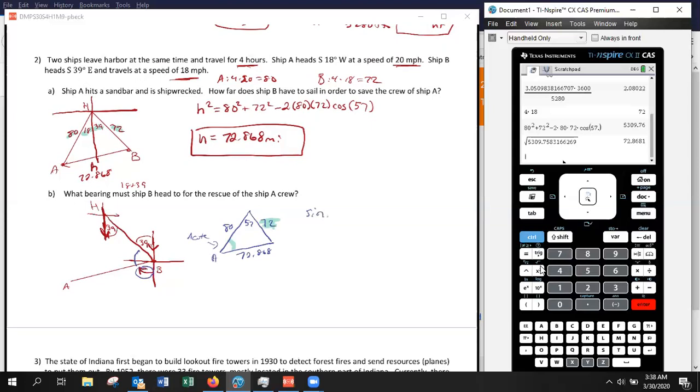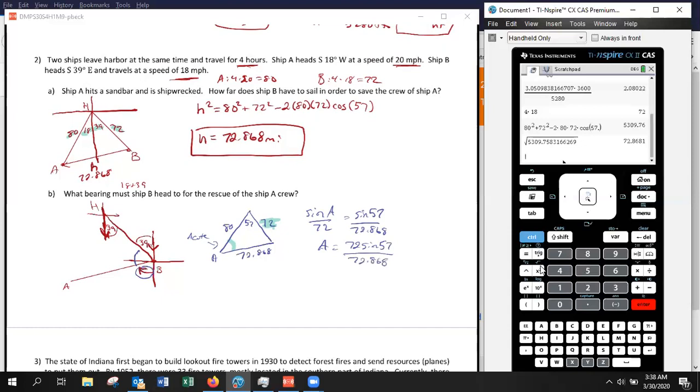So when I use my law of sines, I will say the sine of that angle, which is angle A, over 72 will equal the sine of 57 degrees over 72.868. That gives us the sine of A is 72 sine of 57 over 72.868.